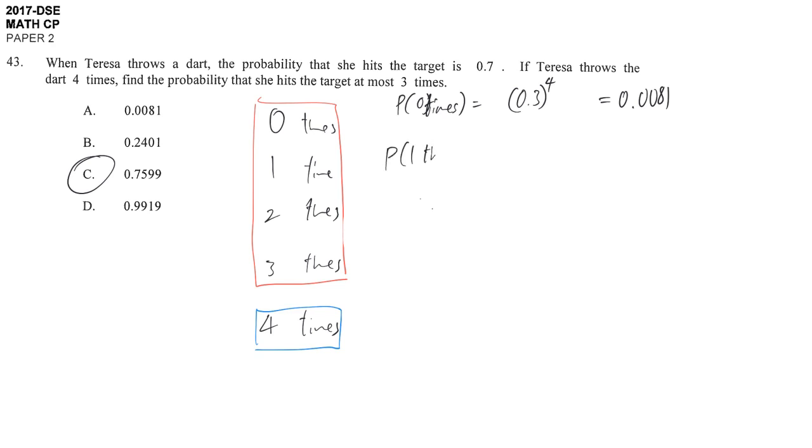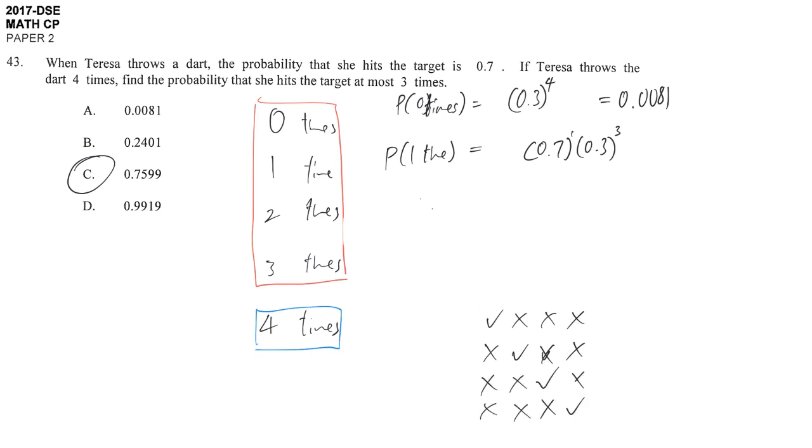For 1 time, the probability is we have 0.7 hit the target 1 time, and also 0.3 appearing 3 times. And not only this, maybe we can have tick cross cross cross, or a different order, cross tick cross cross, or cross cross tick cross, or like this.